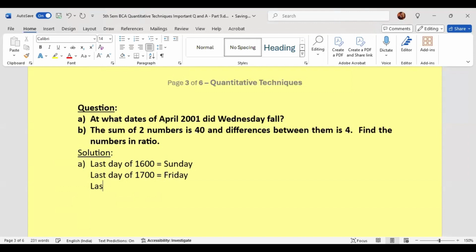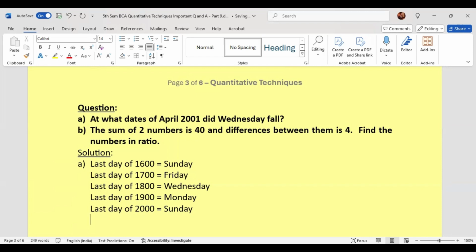Then last day of 1800, we will have Wednesday, 2 days before. Then last day of 1900, that will become Monday. Then again, it will come Sunday, Friday, Wednesday. That means last day of 2000 will be Sunday.